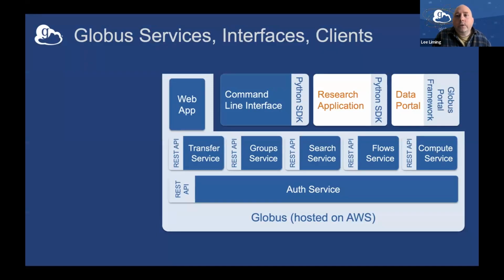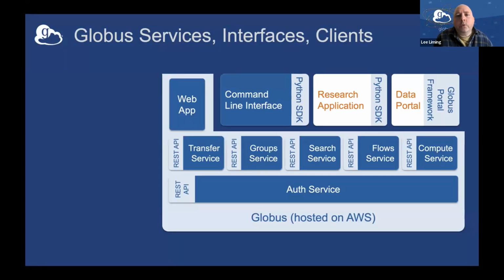And then if you want to build something like a data portal that's used by lots of researchers, we have, as I mentioned before, a portal framework that you can use to get started really quickly. It's a Django application that you can then extend to do all the things that you need to do.